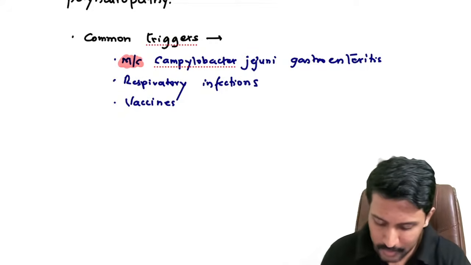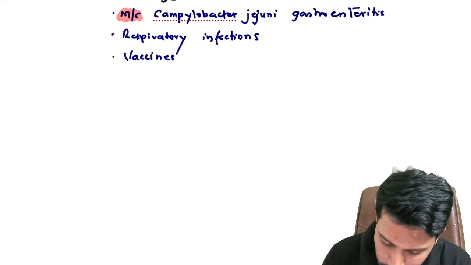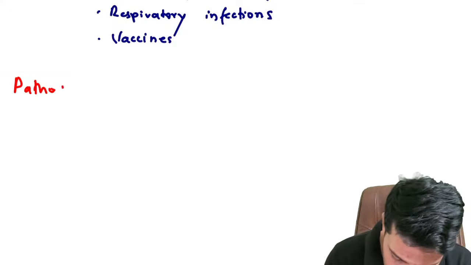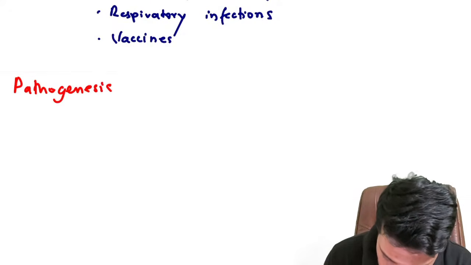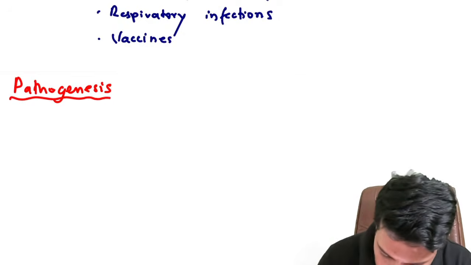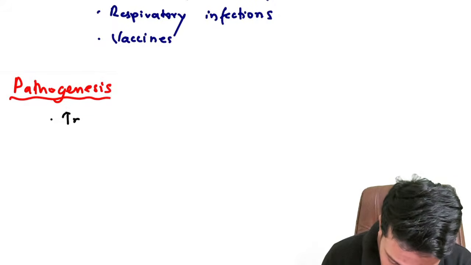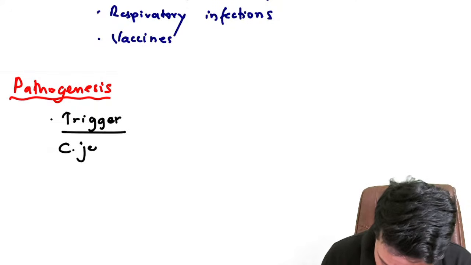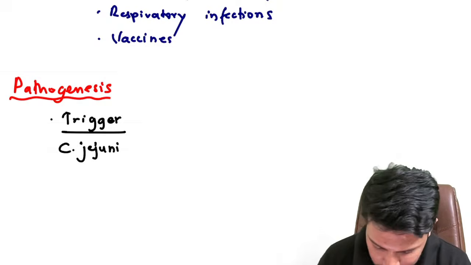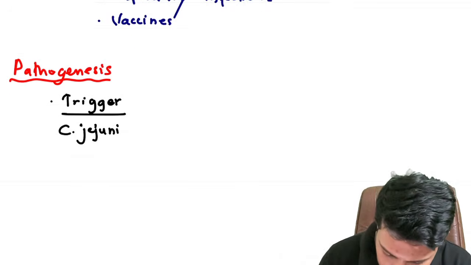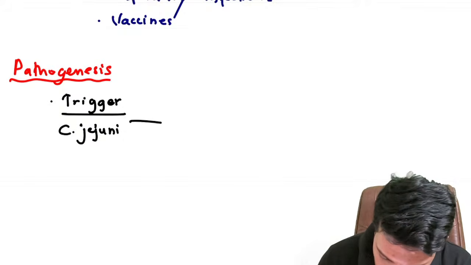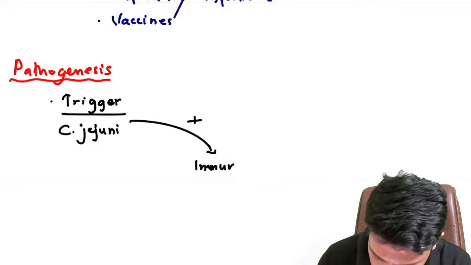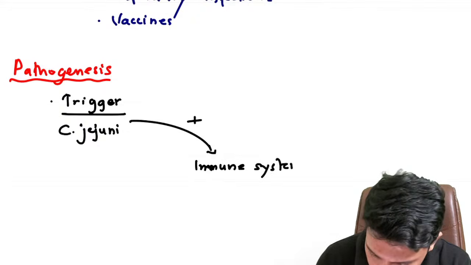Okay, so these are the common triggers. So usually the pathogenesis is like this. It starts with a trigger. The most common trigger is what? Campylobacter jejuni gastroenteritis. So when there is a trigger, the trigger will activate the immune system to produce antibodies against them, right?